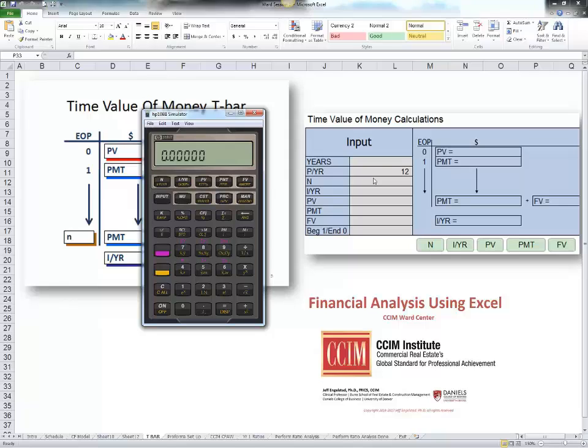Same thing on this Excel-based application that we currently use in the CCIM program. This is a calculator application. What is behind all of this are the actual calculations, and that's what we're really going to focus on in our time together.